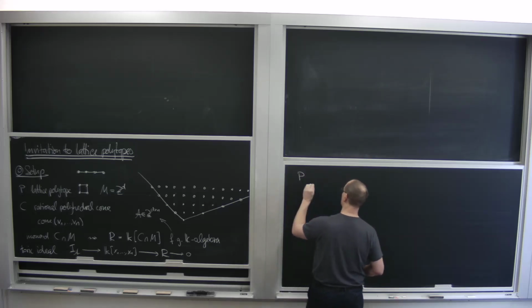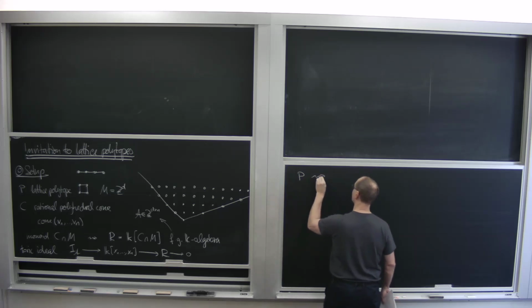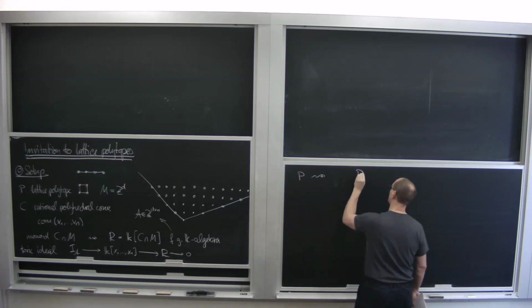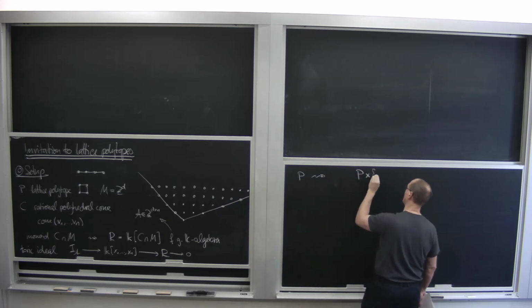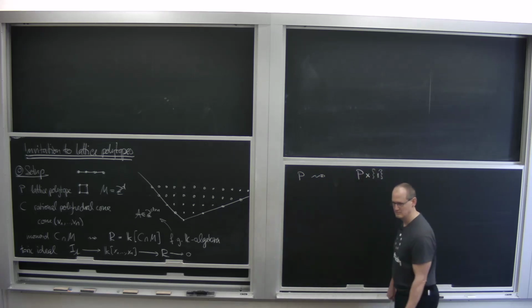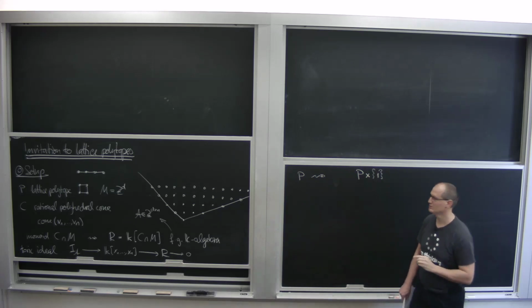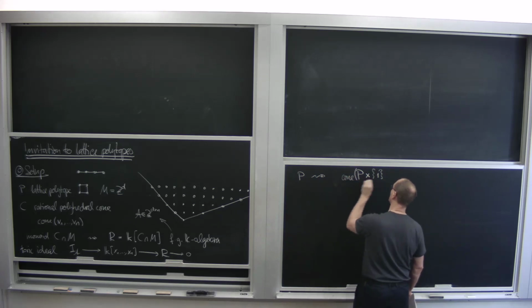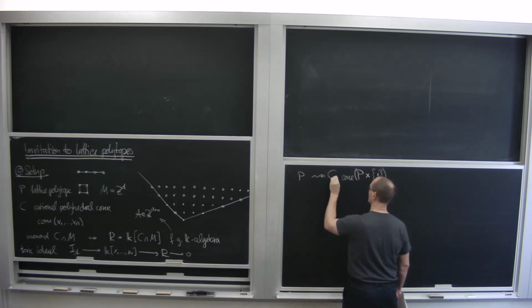What is the connection between P and C? What I can do is I can take my polytope, I can add a dimension, or add a row of ones to my generators if you want. Take the cone of this thing.